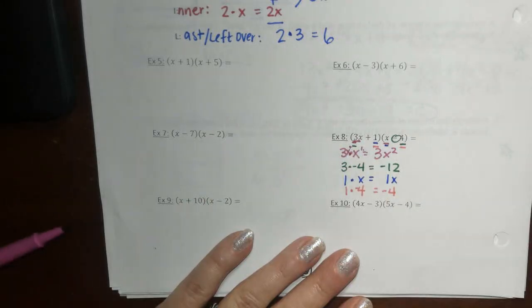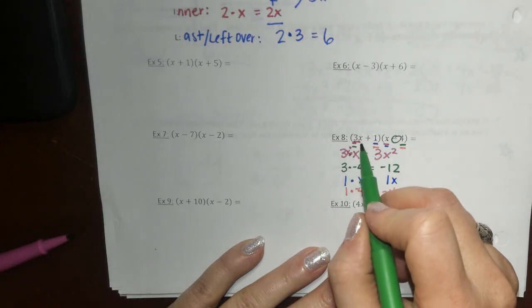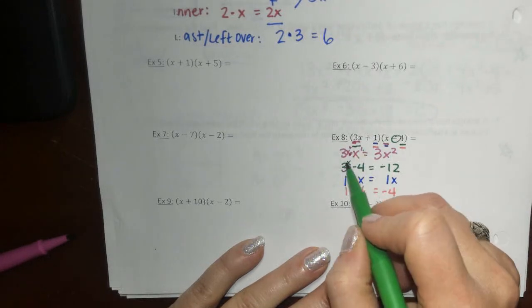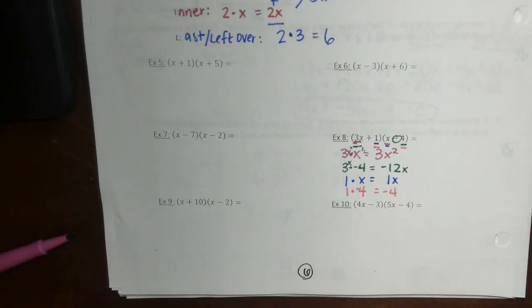And then I also forgot this x, I'm sorry. Working really quickly. 3x times negative 4 is a negative 12x. Okay. I apologize for that.